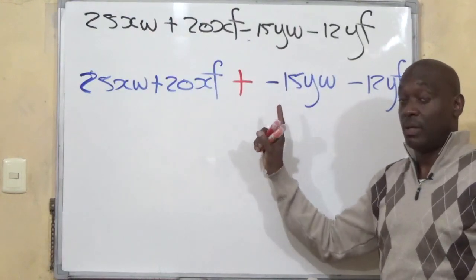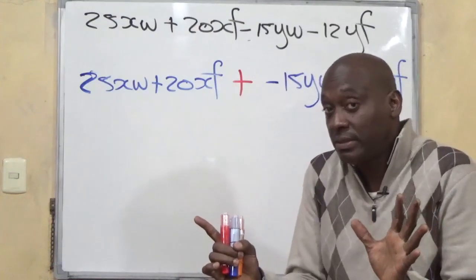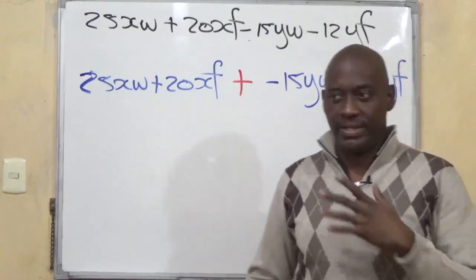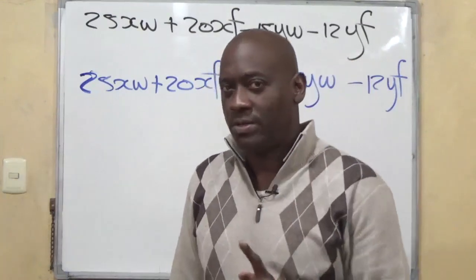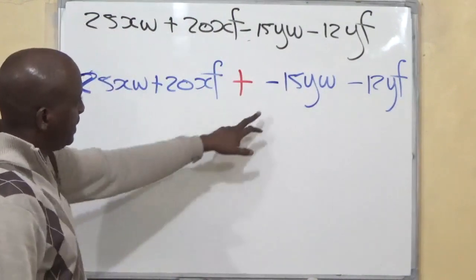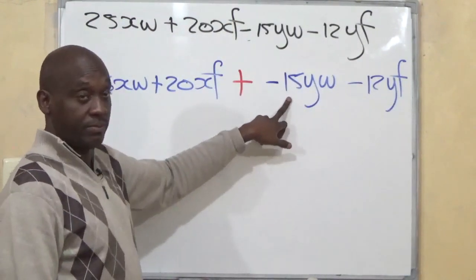So in other words, what you essentially have is 2 separate groups that are separated by a plus sign. I want to underscore the point: the 2 groups are always separated by addition. However, you have to take note of the sign of the first term in the second group.